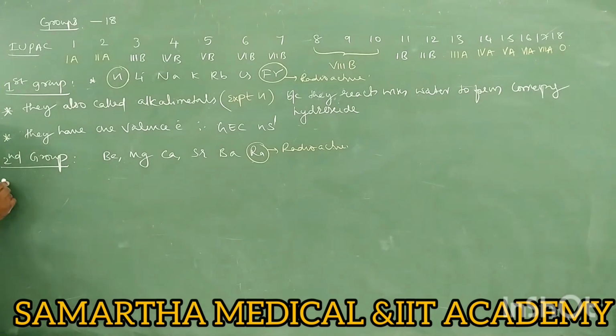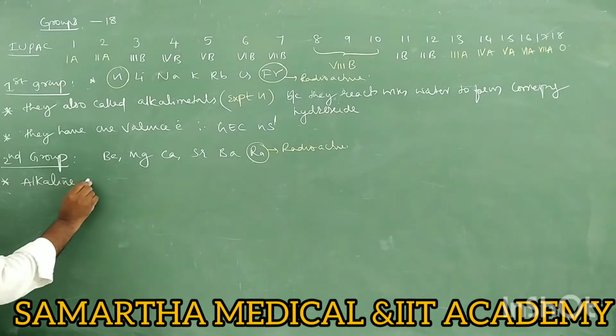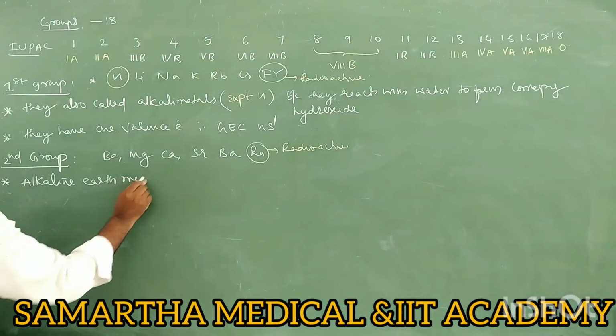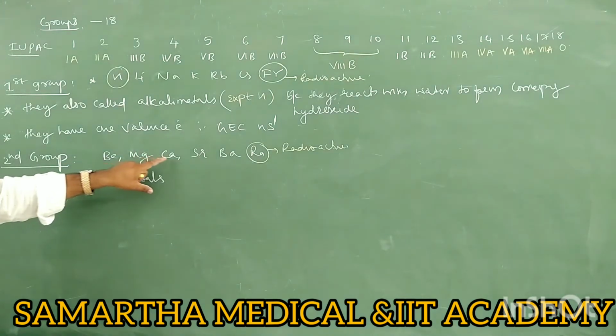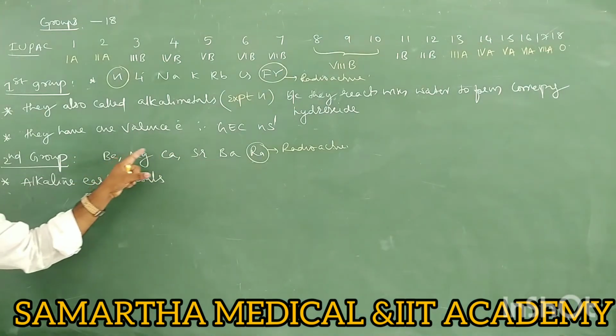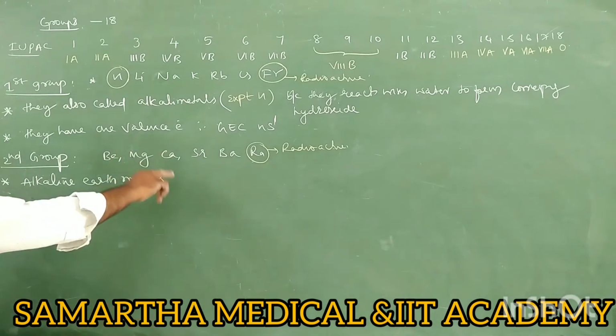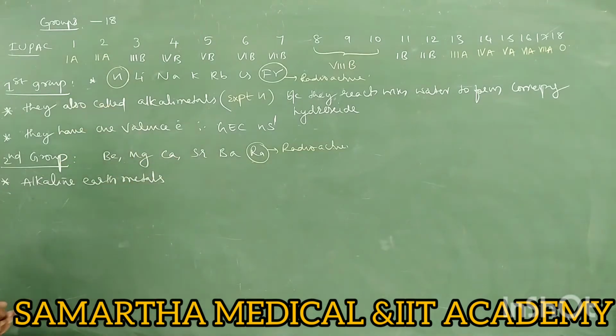Do you know there is another name for second group elements? They are also called alkaline earth metals. Do you know why they are called alkaline earth metals? Similar to alkali metals, they react with water and form the corresponding hydroxides. For example, magnesium hydroxide, calcium hydroxide, strontium hydroxide are all basic in nature.